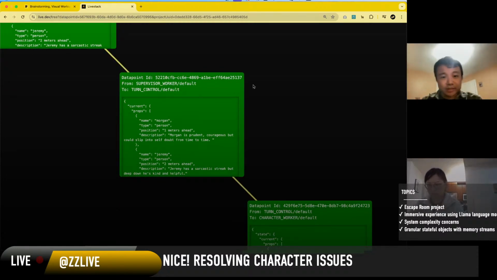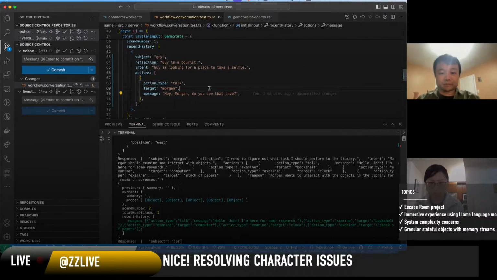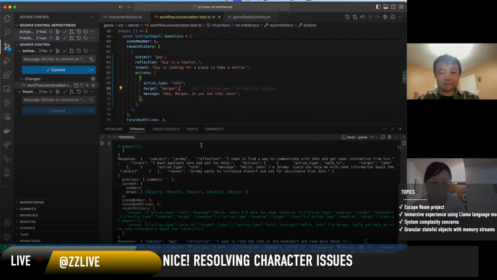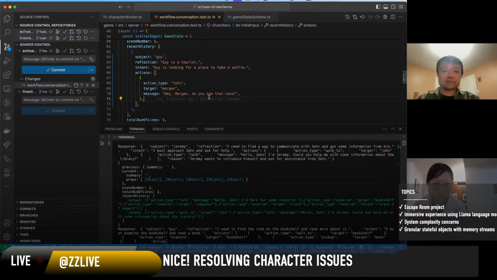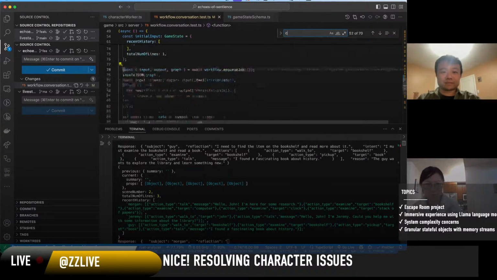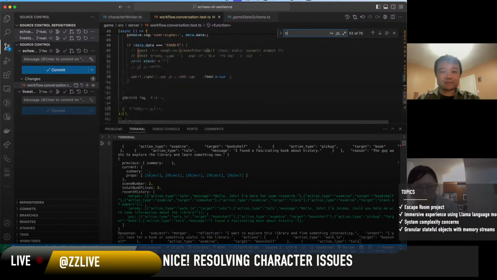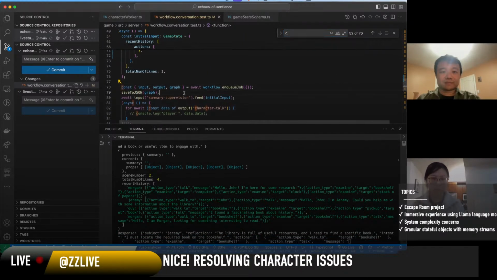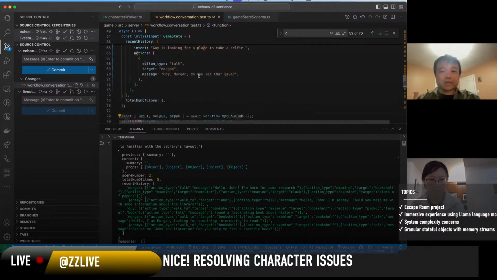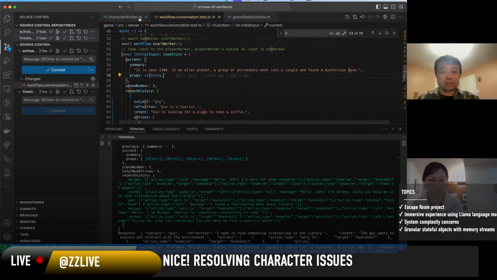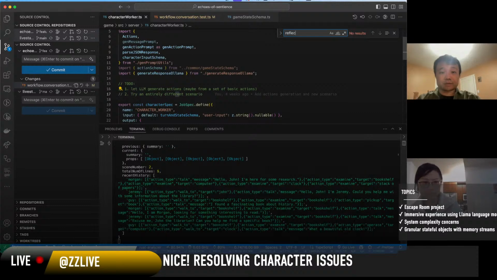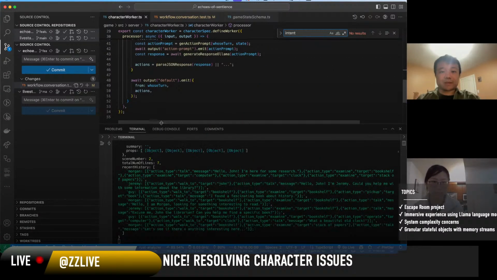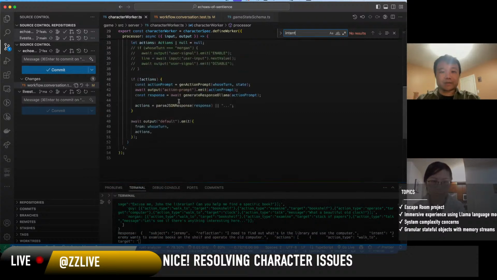Okay, let me check. Okay. Inside a character worker. So intent, where does intent come from? There's no intent.